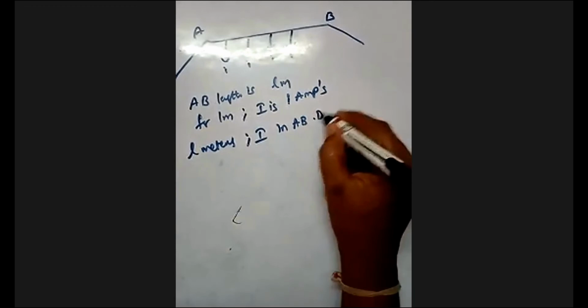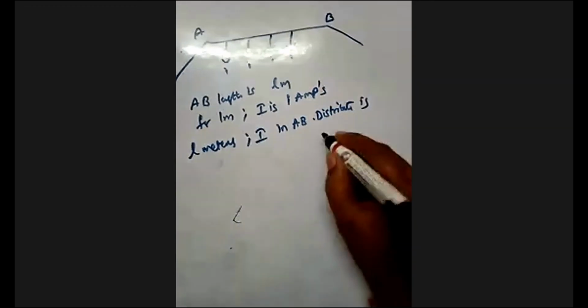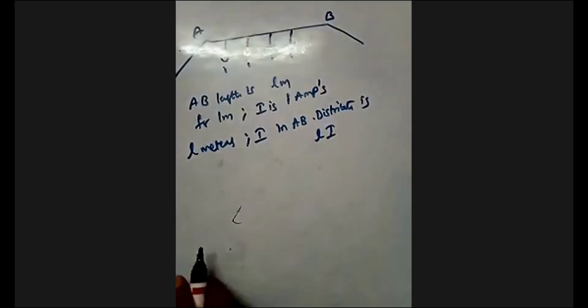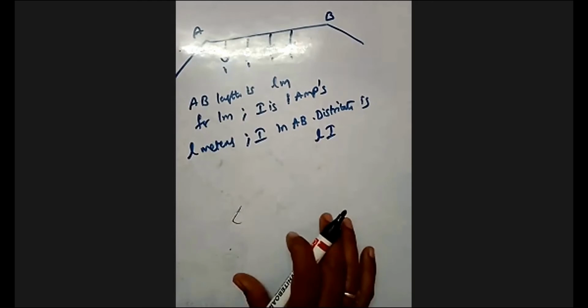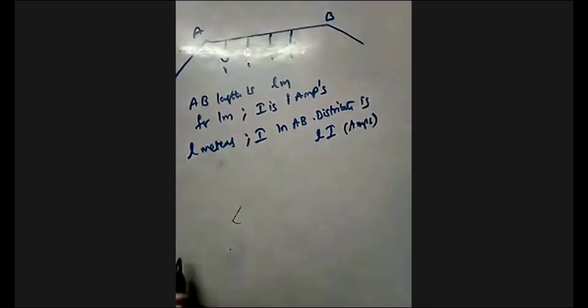The current is L into I. The length is L meters, and for every 1 meter the current is I amps, so the total current in the distributor is Li amps.